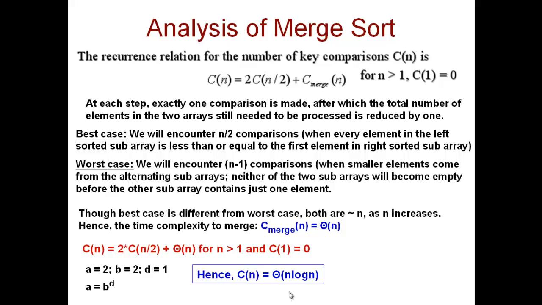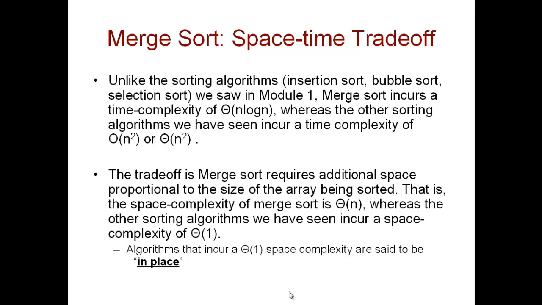Now, if you think about the time complexity of the sorting algorithms that we have seen so far, like insertion sort, bubble sort, or selection sort that we saw in data structures, all of these are either big O of n square or theta of n square algorithms.